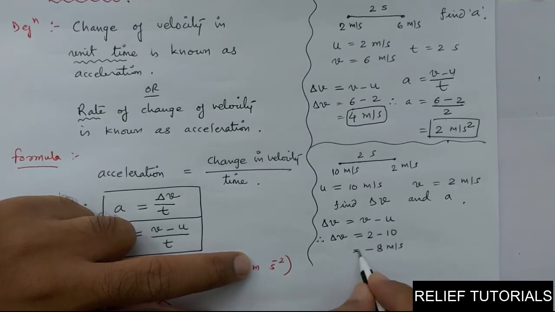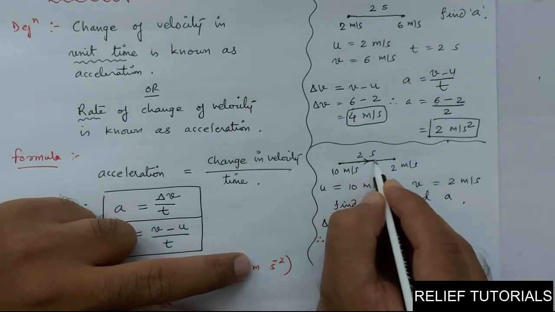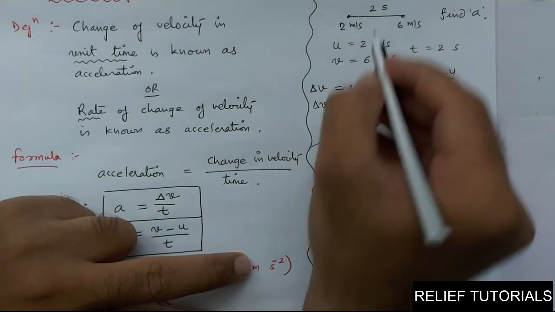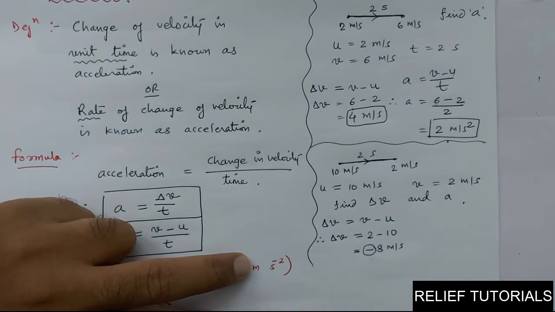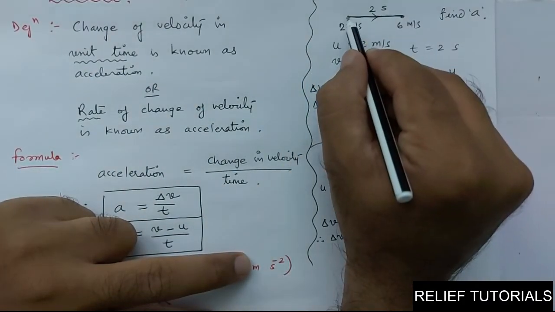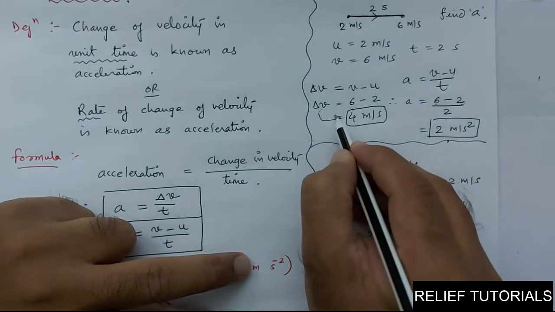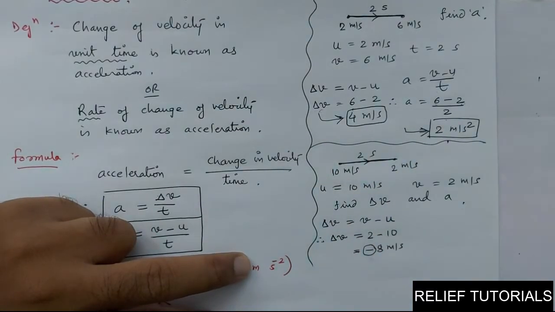Here the change in velocity is negative, and I think you understood why it is negative, because here you can see the velocity of the body decreases. Here the velocity of the body decreases, and there the velocity of the particle increases. So whenever the velocity of a particle increases, delta V is positive, and so the acceleration is also positive.